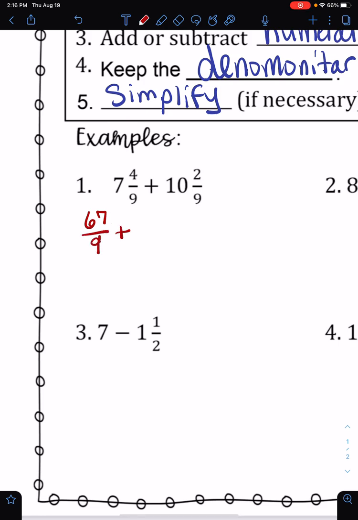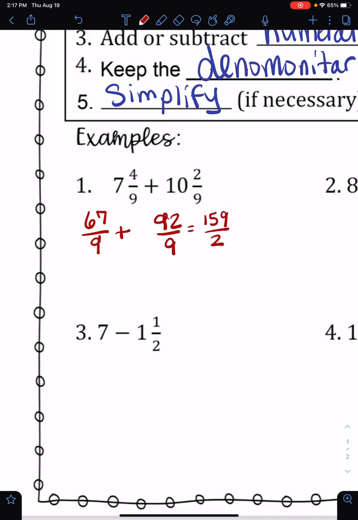And then 10 2/9, we'll do 10 times 9 is 90, and 90 plus 2 is 92, and keep the denominator of 9. So we're happy about this because we already have common denominators. So we're going to add the numerators together. We're going to do 67 plus 92, we get 159, and we keep the denominator the same.